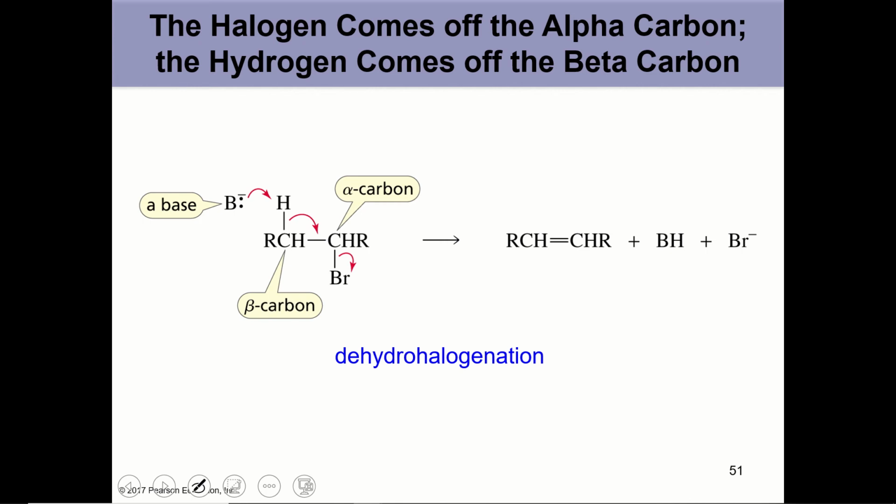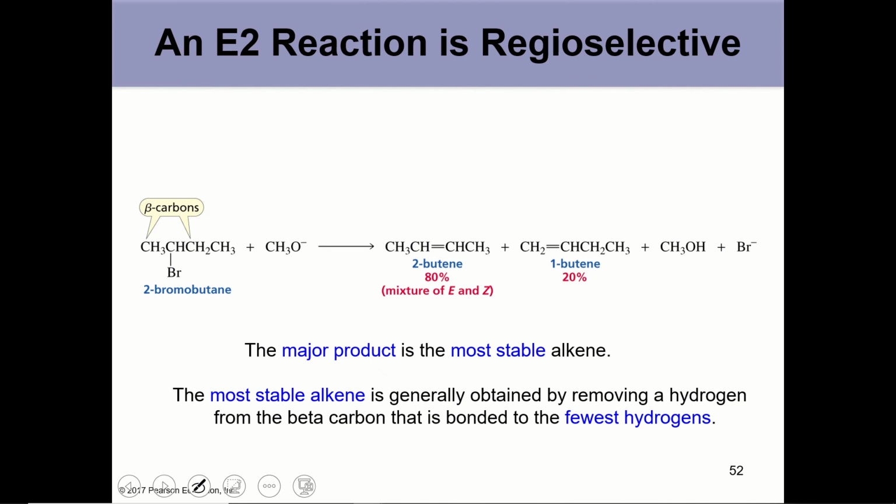So the base removes the proton, same mechanism: the sigma electrons of carbon and hydrogen form a pi bond, and the halogen leaves. E2 reactions are always regioselective when they can create asymmetric alkenes.